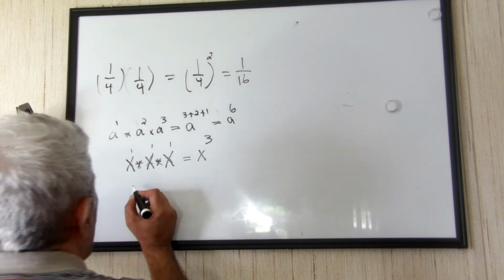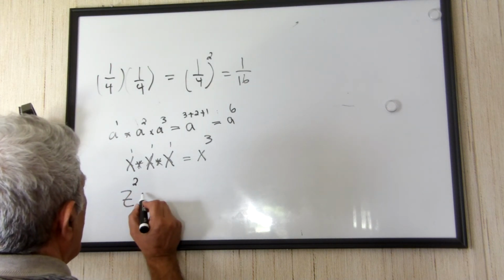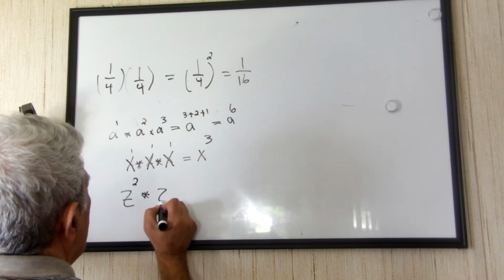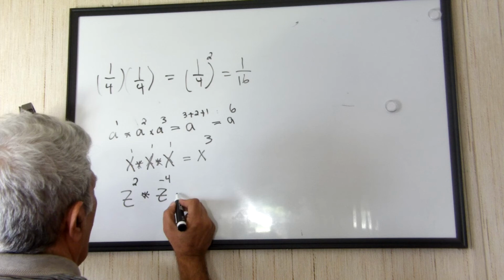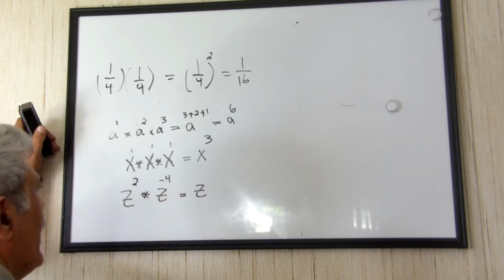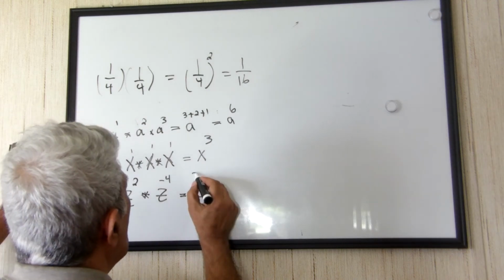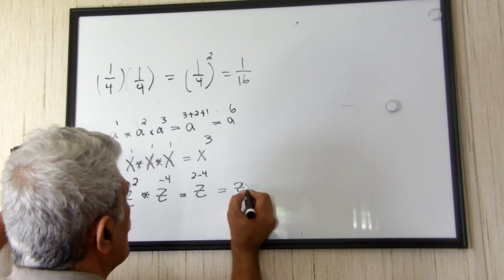How about another example? z to the power of 2, and this one makes it a little bit more complicated, times z to the power of minus 4. What is going to be the result? It's going to be z, and then we write here 2 minus 4. Is it going to be z to the power of minus 2?